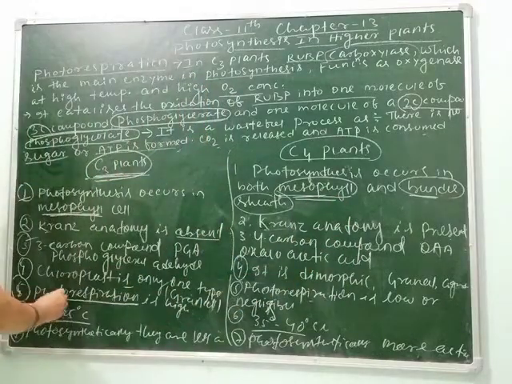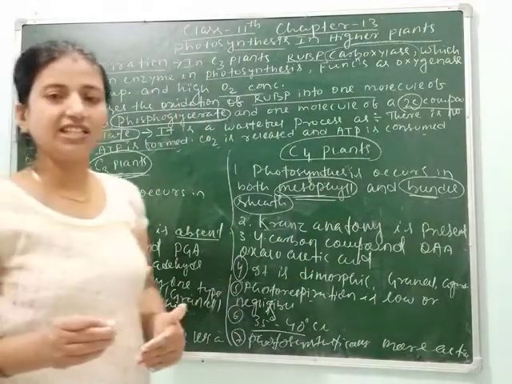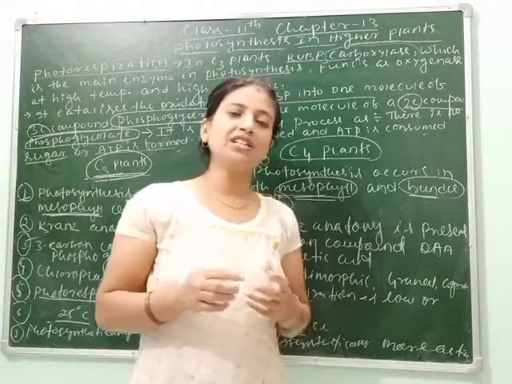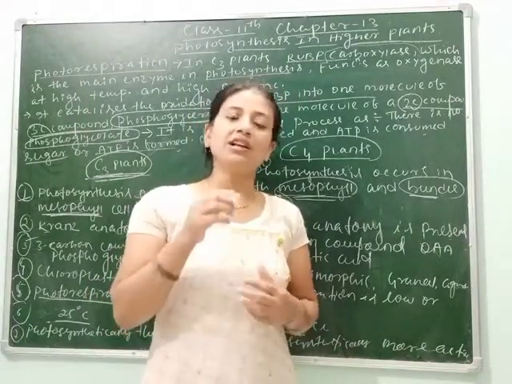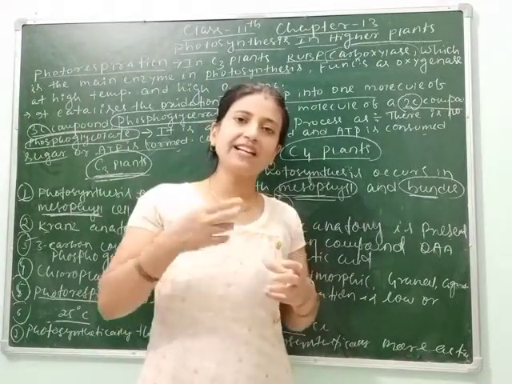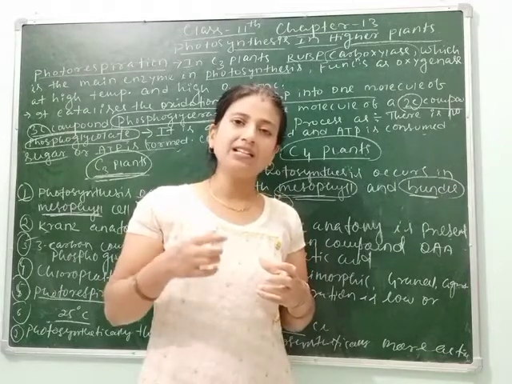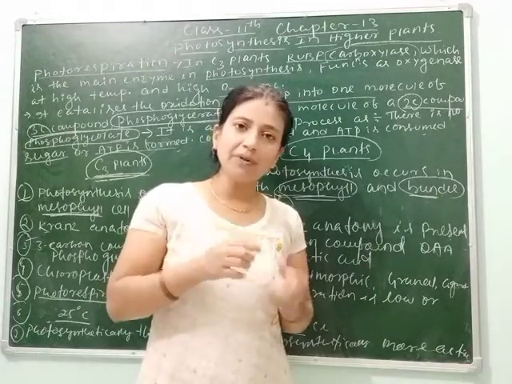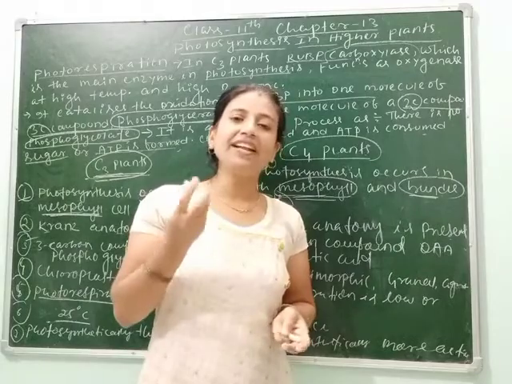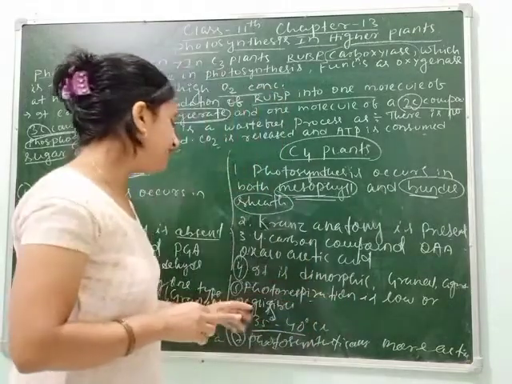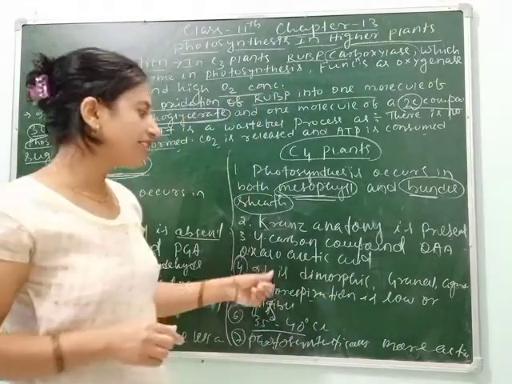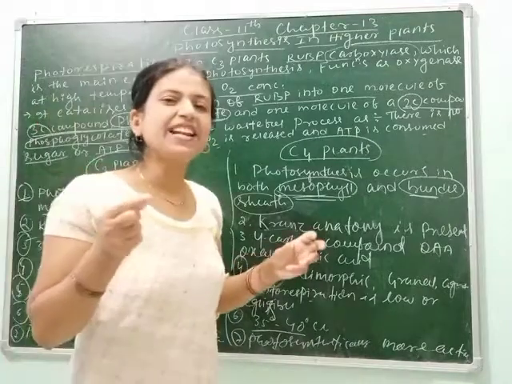Next, photorespiration is high, meaning in C3 plants the rate of respiration is high during photosynthesis, due to which the carbon dioxide gets released from the plant, and that's why the carbon product formed contains less sugar. But in case of C4 plants, photorespiration is low or negligible.